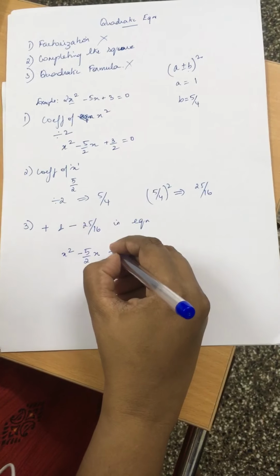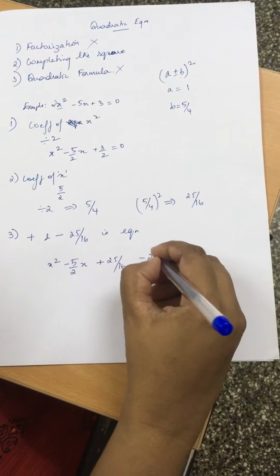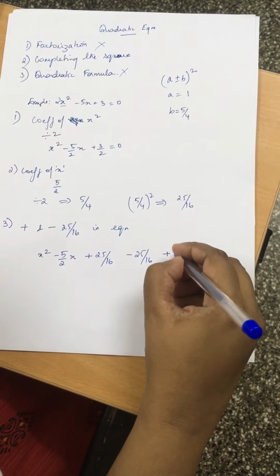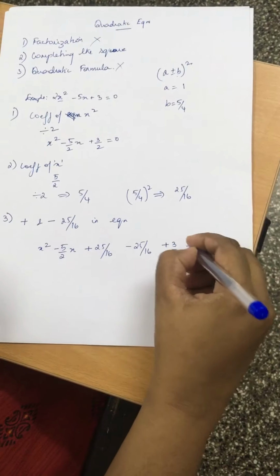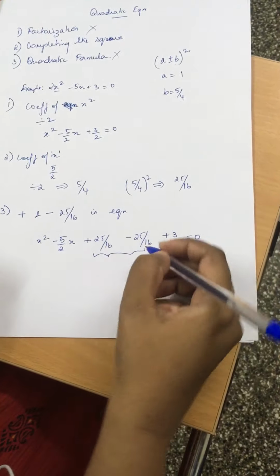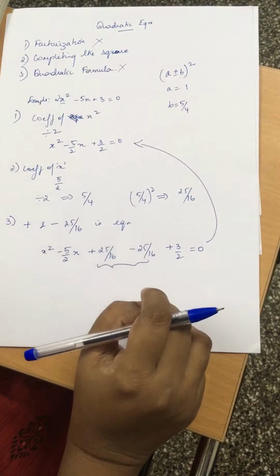Always write the plus value first, so plus 25 by 16, then the minus value 25 by 16, and the other constant term, which is 3 by 2 equals 0. As you can see, we have inserted these two numbers in this equation.